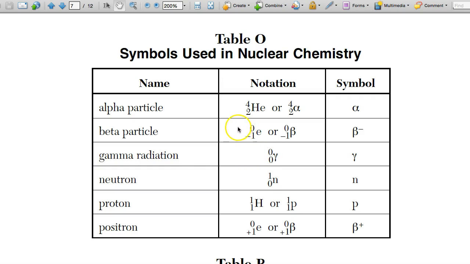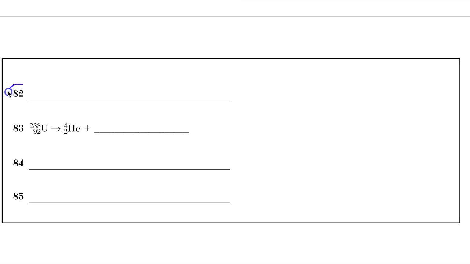Even though beta particles, they put as 0, which is an electron, it does have some mass. This absolutely has no mass because it's essentially high energy light. Okay, so it doesn't really have any matter, and it has no charge. So having no charge and no mass, this is the most penetrating, and it would go right through an electromagnetic field. So in 82, we write gamma radiation.